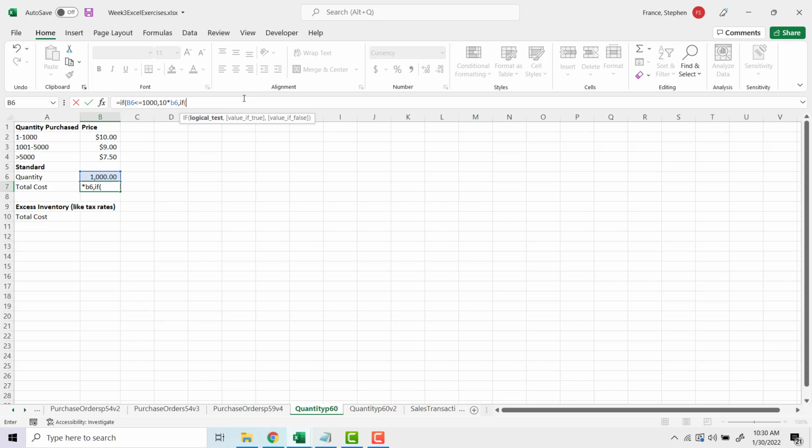Now we're between row 3 and row 4, so let's split it up again. For the false one, remember this is our true, so this is our false. We're now going to say if B6 is less than or equal to 5,000, i.e. we're in the second row, then this is going to be the quantity times 9.